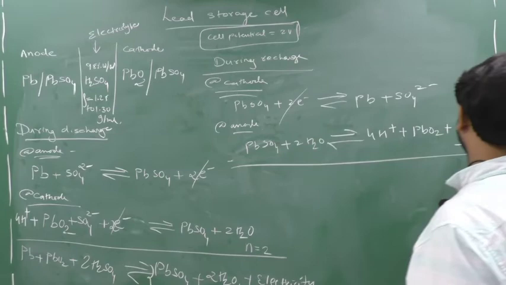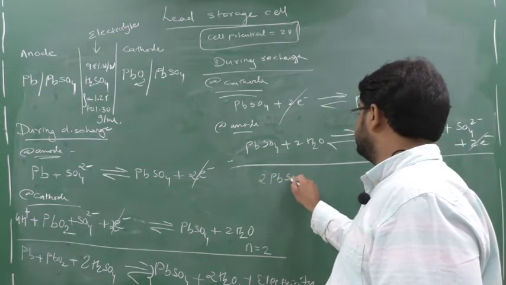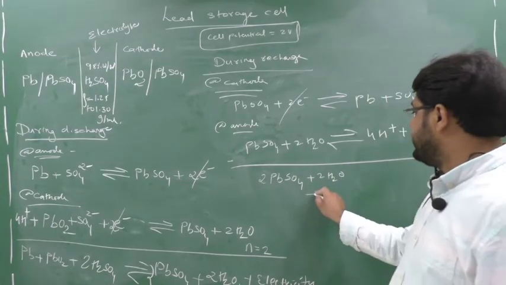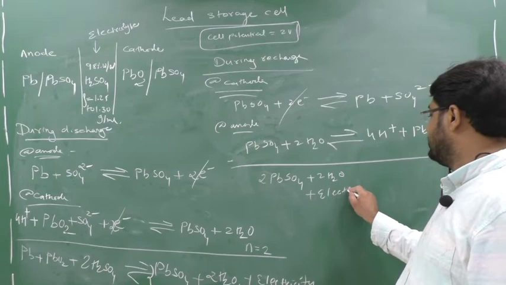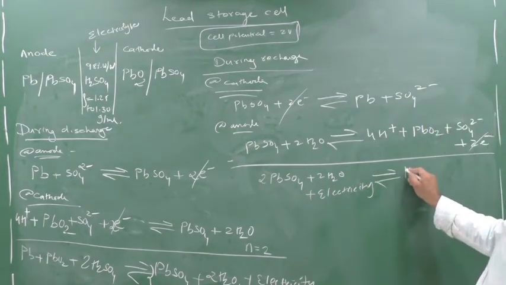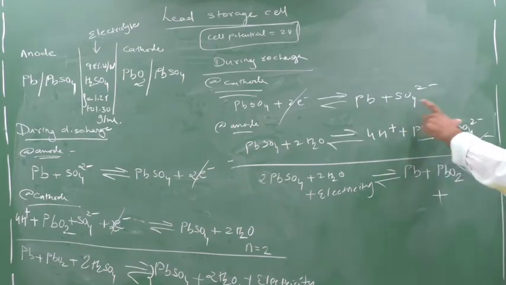So this 2 electron get cut, 2 PbSO4 plus 2 H2O, and what? I am supplying electricity also, yes or no? Electricity. Back what I will get? Back I will get Pb plus this PbO2, yes or no? Plus SO4 2 minus plus SO4 2 minus.